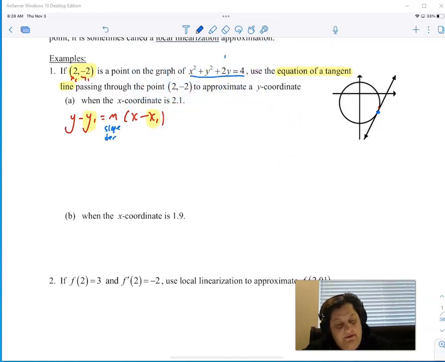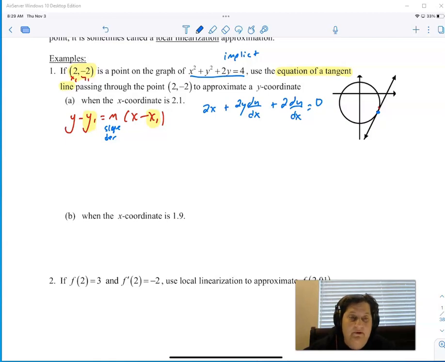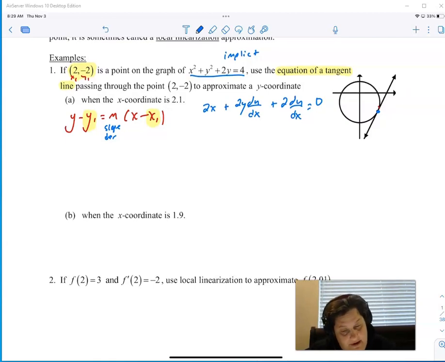You guys remember that m is slope, and slope means derivative. Now we're going to have to take the derivative implicitly. The derivative of x squared is 2x. The derivative of y squared is 2y dy dx. The derivative of 2y is 2 dy dx, and the derivative of 4 is 0. You can either plug the points in right now, or you can solve for dy dx.